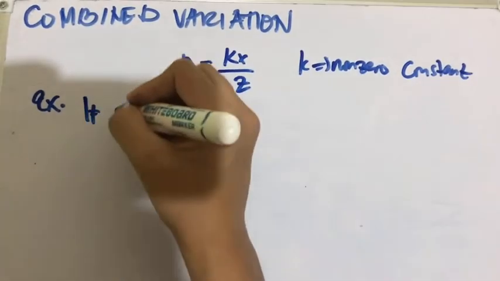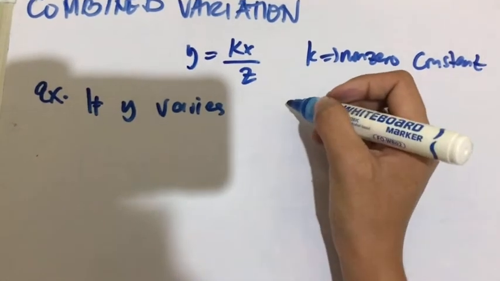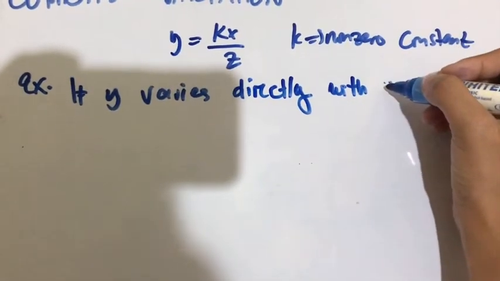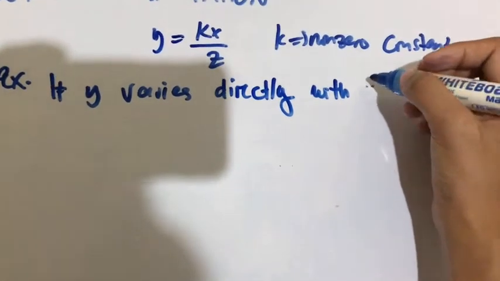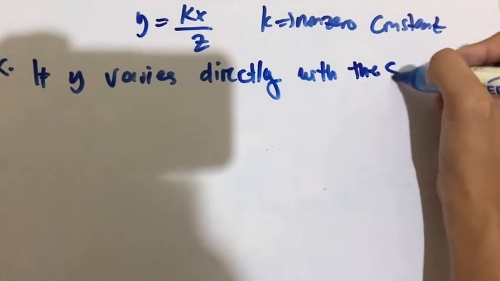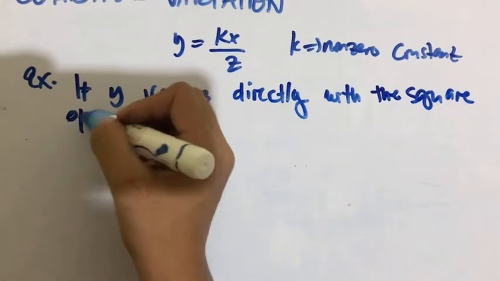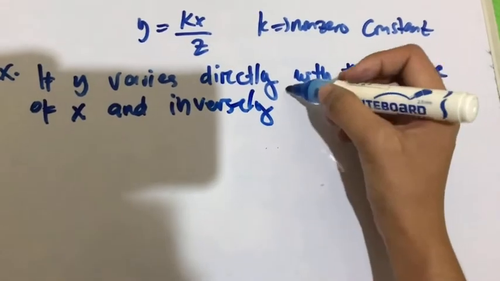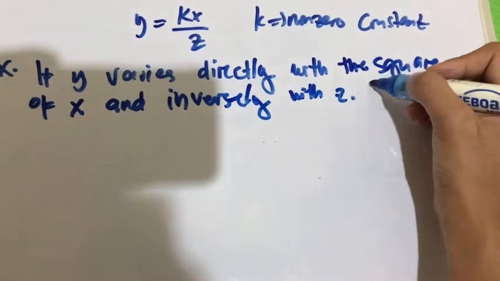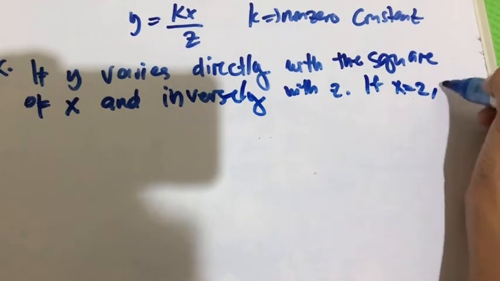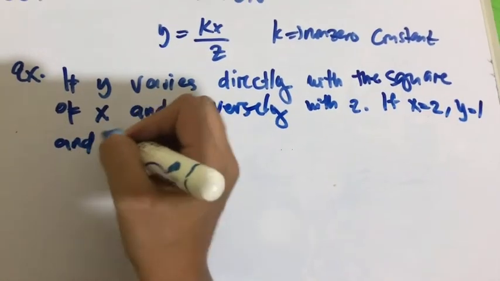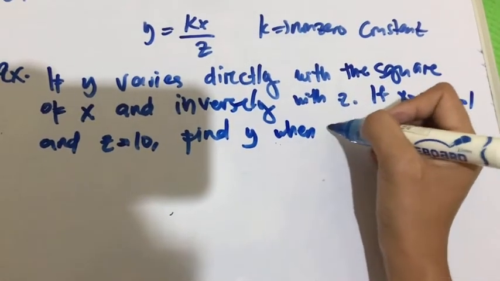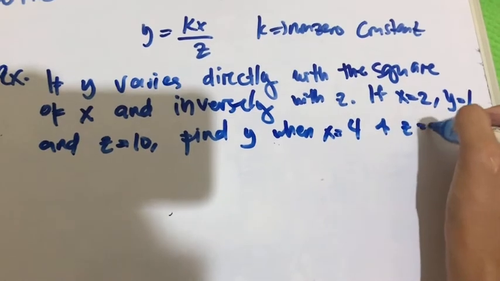Now, if y varies directly with the square of x and inversely with z, if x is equal to 2, y is equal to 1, and z is equal to 10, find y when x is equal to 4 and z is equal to 5.